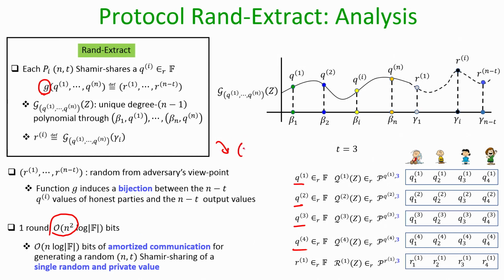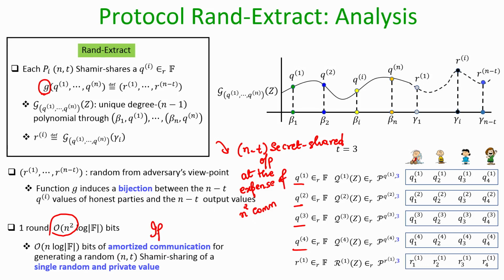We are able to generate n minus t secret shared outputs. So, we can say that n minus t secret shared outputs at the expense of n square communication, of course in terms of field elements.